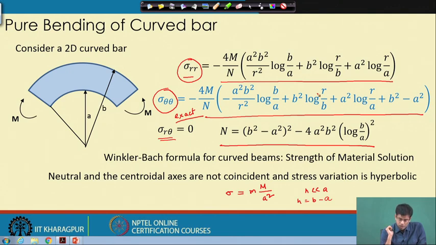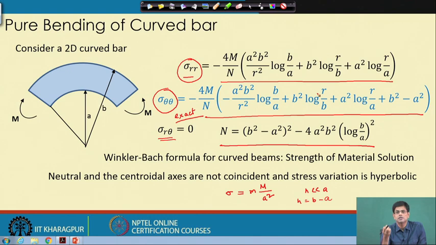So, the pure bending case for the curved beam, generally done in the strength of materials approach, is the Winkler-Bach formula, and it is very close to the exact theory of elasticity solution.